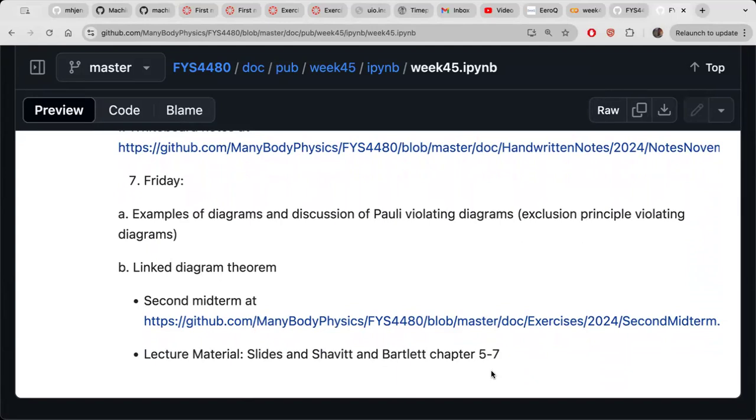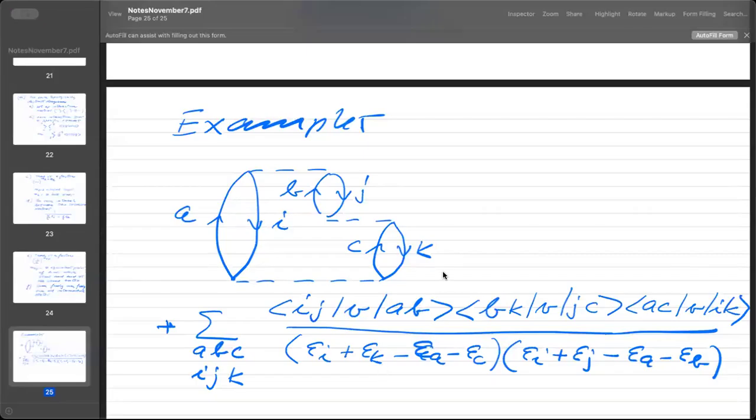Let me quickly bring up what we did yesterday. So what I'm going to do now is simply to bring back the whiteboard notes from yesterday. So let's take a closer look at them and bring back the diagram rules which we discussed yesterday with examples. And we are going to bring up some of these diagram rules and link them up with the second midterm.